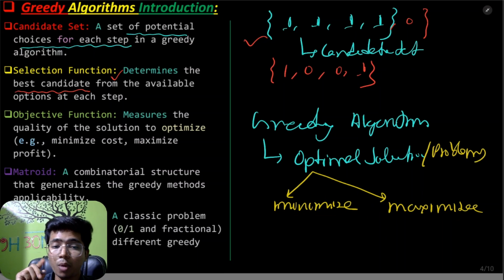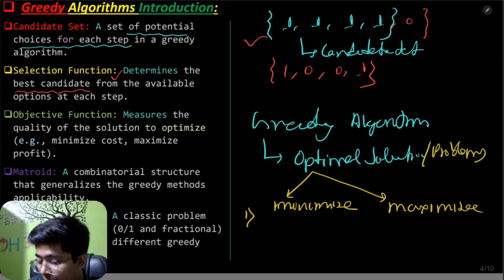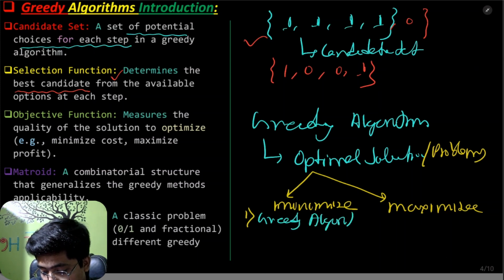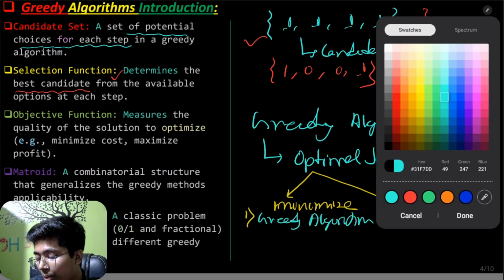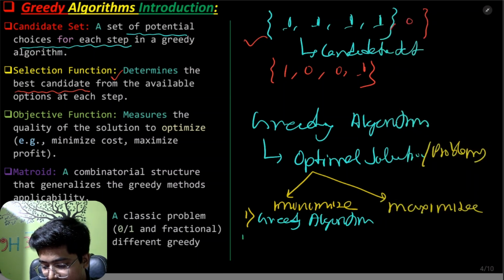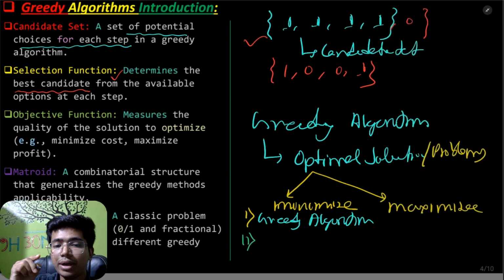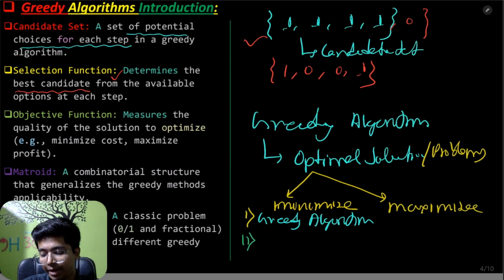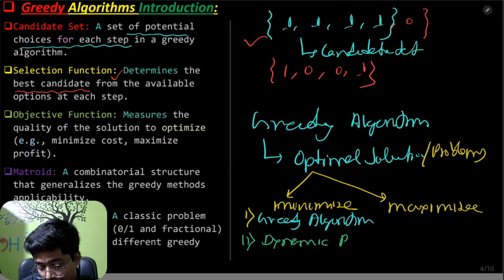And those optimization problems we can solve by three strategies, or three techniques. First, the one we are right now studying, that is the greedy algorithm. The second way we can solve an optimization problem is using dynamic programming, which is very important in terms of programming and placement.